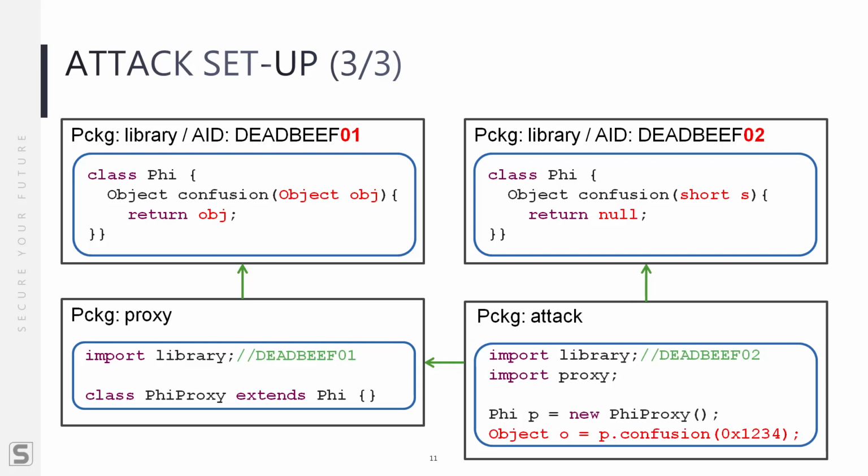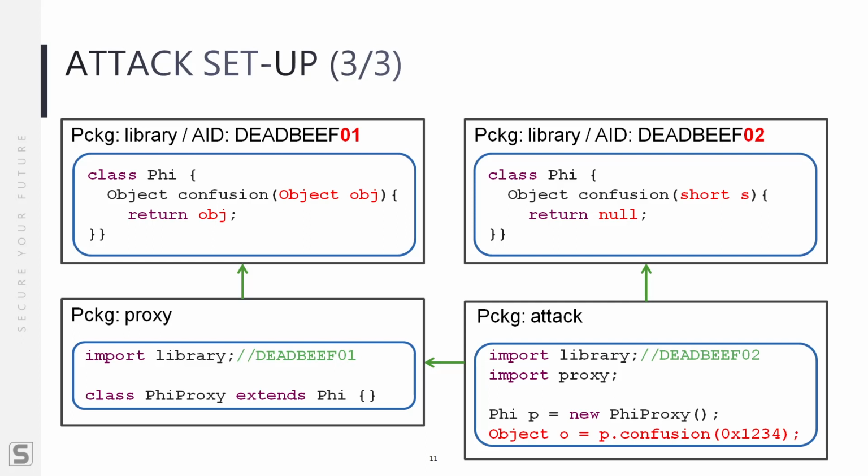And finally, a last package is created. This package imports two packages. It imports library, but library with the deadbeef02 AID, and it imports the proxy package. An instance of the phyproxy class is created.